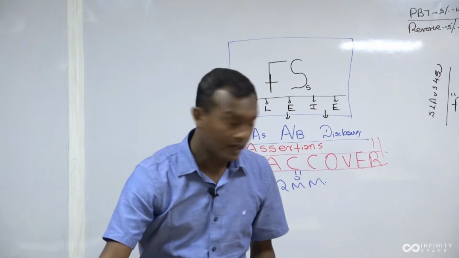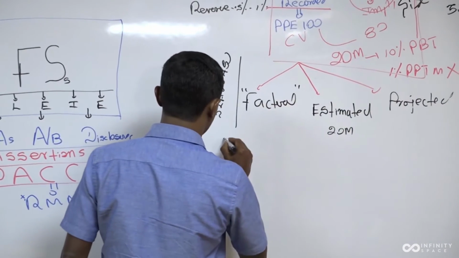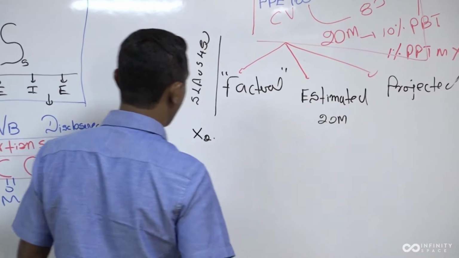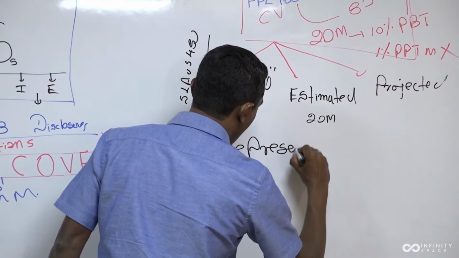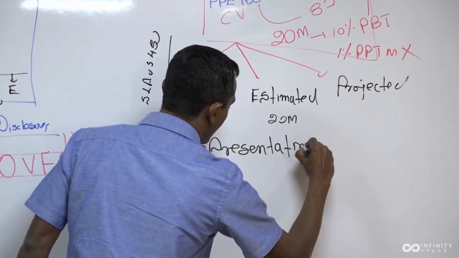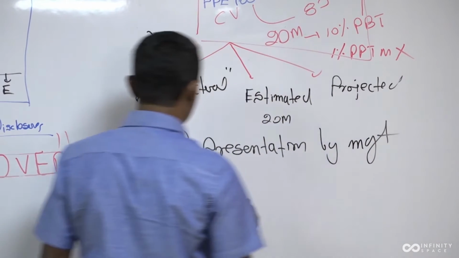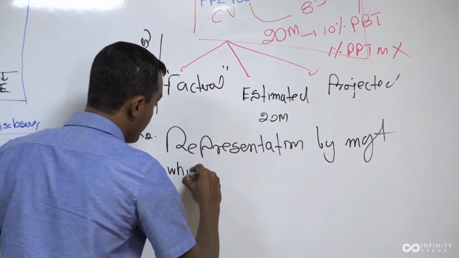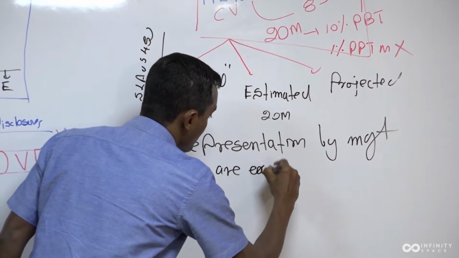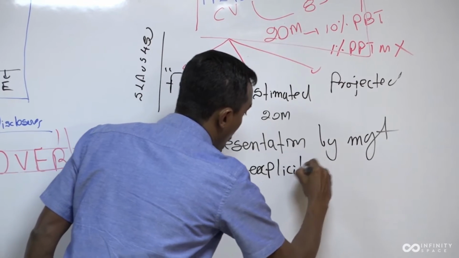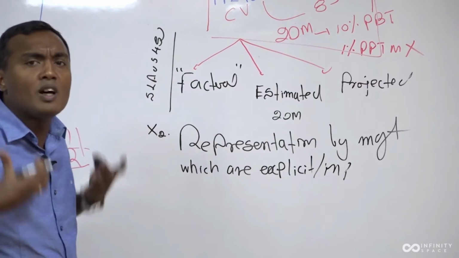Please write down, right? In your note 2, like I said, I may erase this part, but better you keep your note. Note 2, assertion means what? The key word is representation by management, which are sometimes explicit, which means it is directly shown in the accounts, or it may even be implicit, but it is embodied, it's part and parcel of the financial statements.